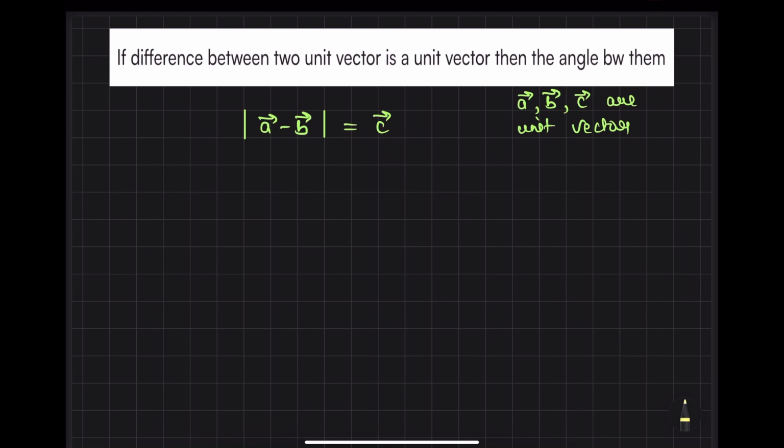So the idea is we should go with squaring both sides. So suppose we do squaring both sides, and you know that if we need to do square, we should think about dot product. So look at this. Can I write (A minus B) dot (A minus B) equals C dot C. Now, A dot A will become what?